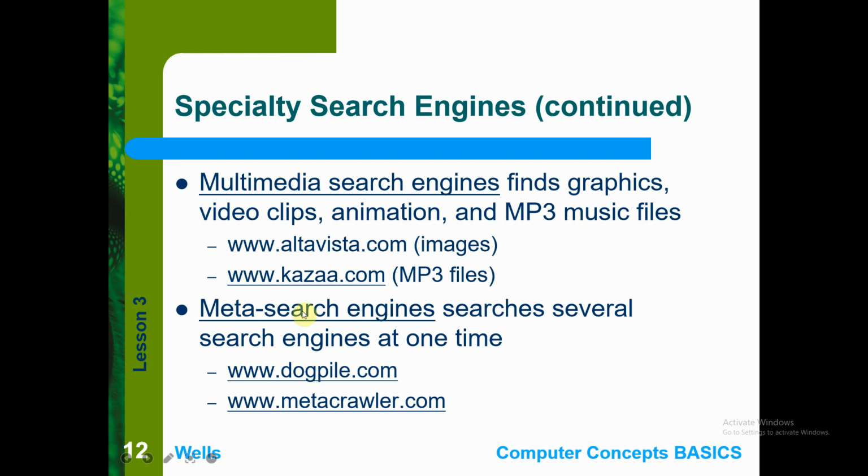And also, we have meta search engines, which search several search engines at one time. For example, MetaCrawler is a sort of big search engine type, because if you are building a website, there is a part where you put in the meta tags, as I mentioned, we have meta tags at the top.